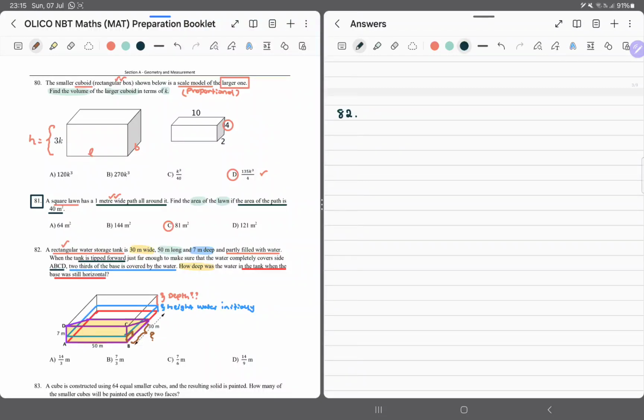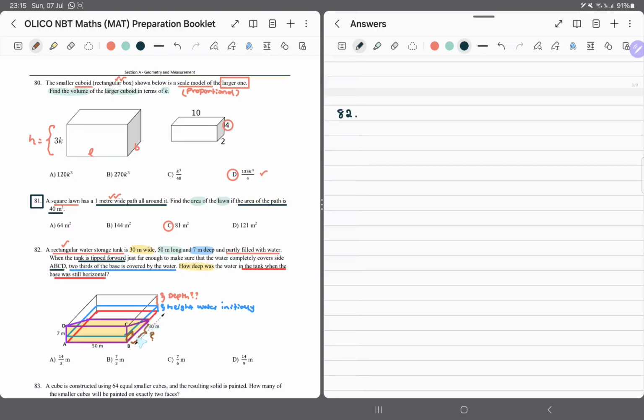We don't know that side because that dimension is important. For us to be able to use the volume here, we will need that dimension. And we have the height, which is 7, so we don't have to worry about other things. Now, this is very interesting. So, guys, what do we need?